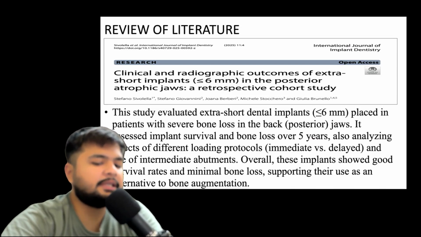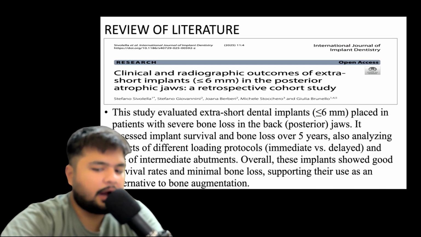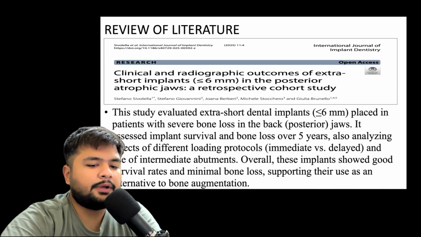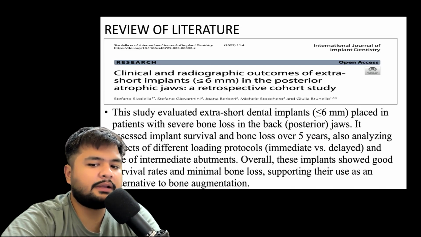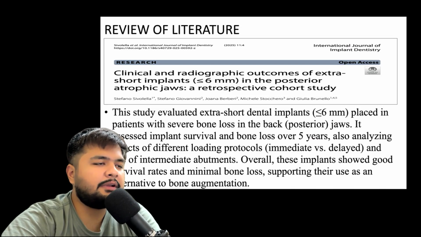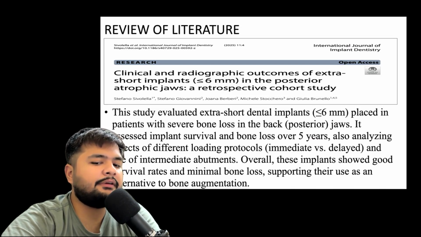There were 6 failures out of 56 implants, of which 4 occurred in a patient with periodontitis. Then coming to the overall 5-year implant survival rate, it was 89%, and the implants with conventional loading had a survival rate of 87%, while the implants with immediate loading had a survival rate of 94%. So immediate loading didn't reduce survival in this cohort.